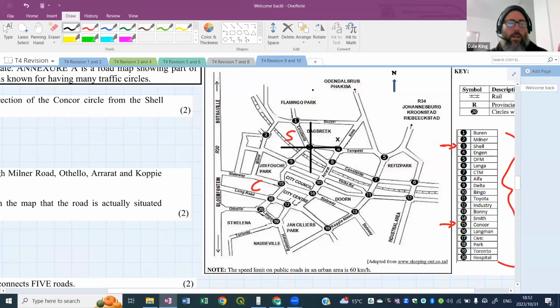Let's put a different color so you guys can see it. I want to put a compass on the point I'm going from. I'm putting this green compass on the Shell circle, and then I'm going to draw a red line from the Shell circle to the Concourse circle over there.